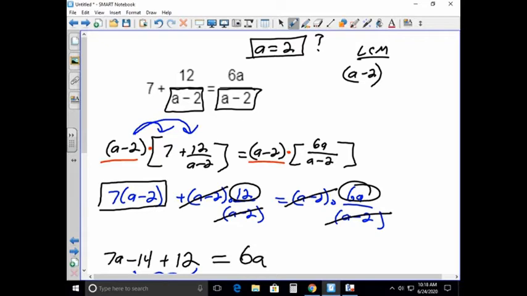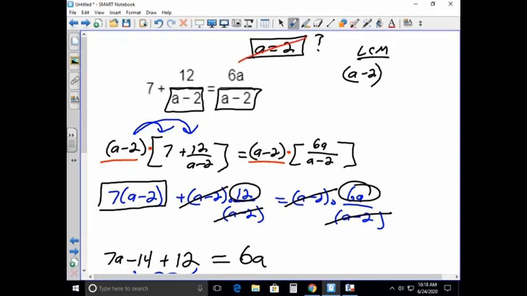Notice if we were to check by putting a 2 everywhere we have A, we run into a problem. In this denominator, we would have 2 minus 2, which is 0. We can't divide by 0. Same thing here. We would have 2 minus 2, which is 0. We can't do that. So that particular solution doesn't work.